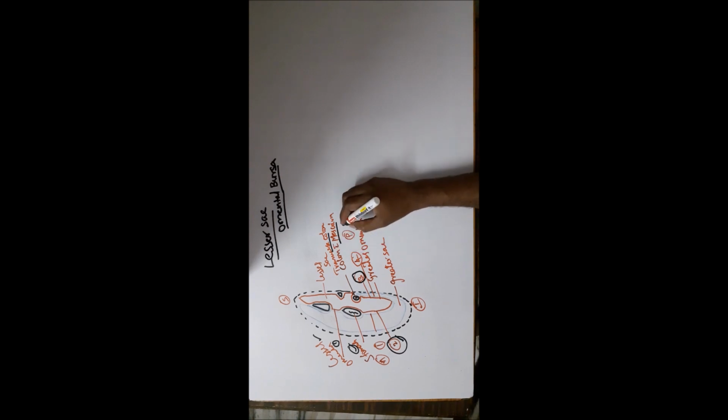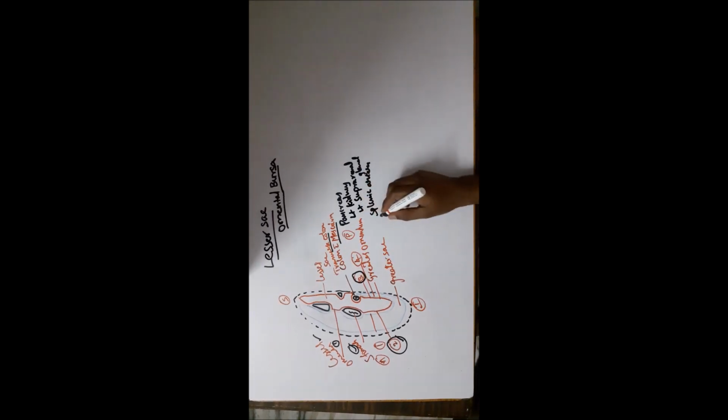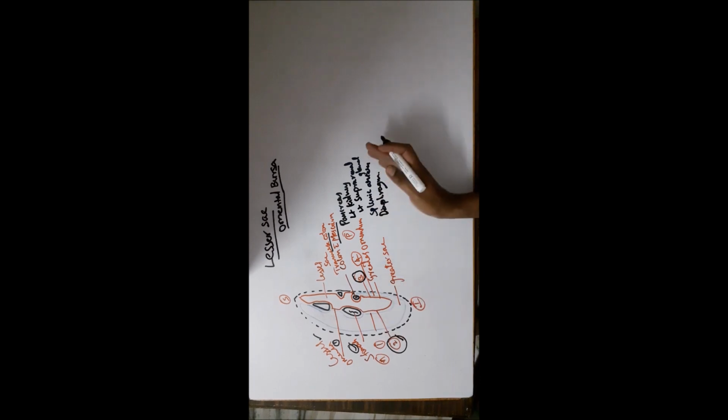One is the pancreas, then we have the left kidney, along with the kidney the left suprarenal gland. Apart from that we have the splenic artery. Then if you trace upwards, we have the diaphragm. So these are forming the posterior wall.